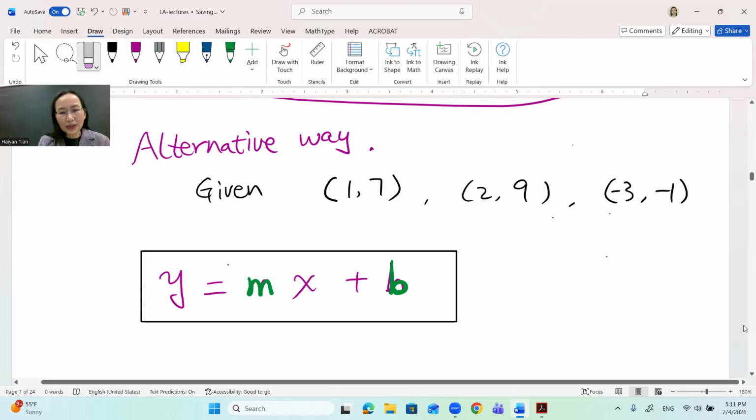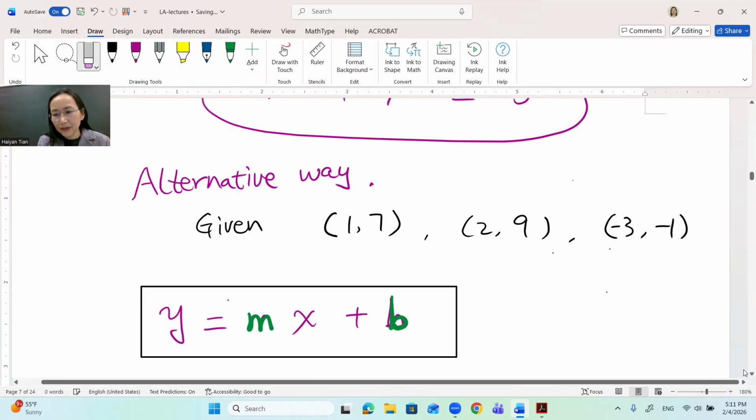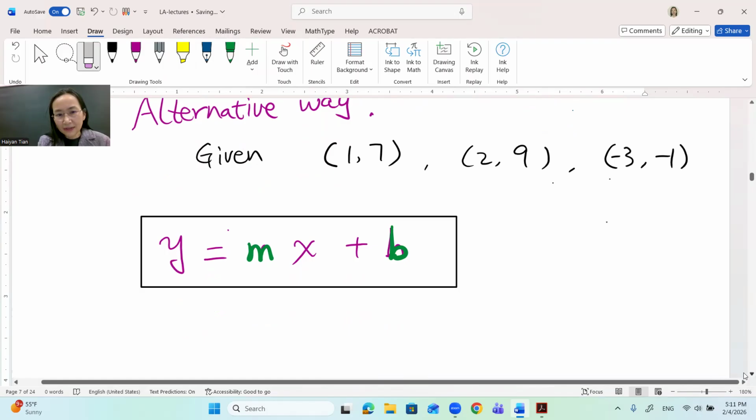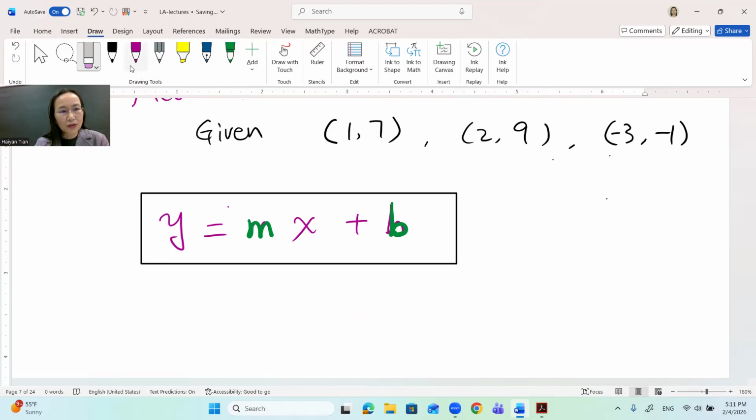Okay, so now we assume such a line in slope-intercept form. Do we have such a line that will pass through all 3 points? Let's require this line to pass through all 3 points and see if we have a solution to the system.